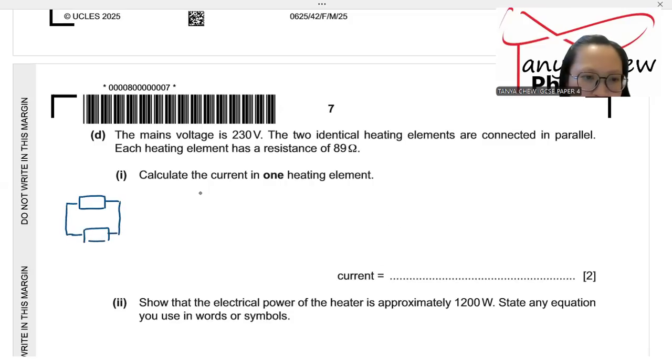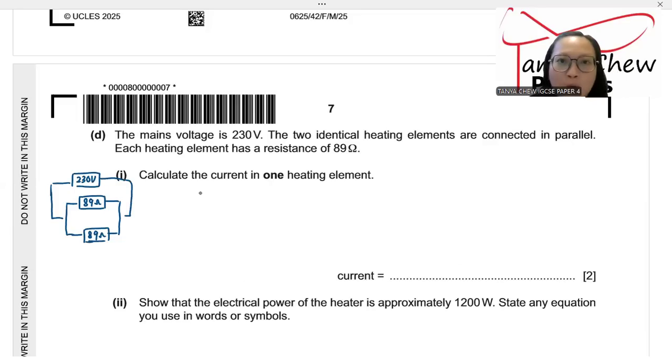Like this. So each of it is 89 ohm. Wow, that's a high resistance. And they are connected to the mains voltage supply, which is 230 volt, like that.